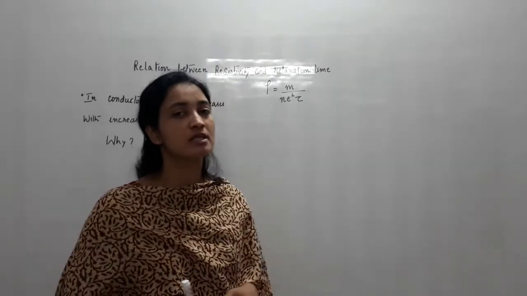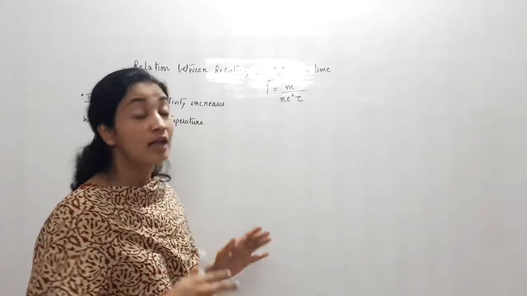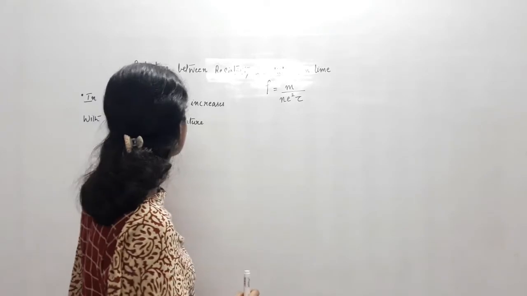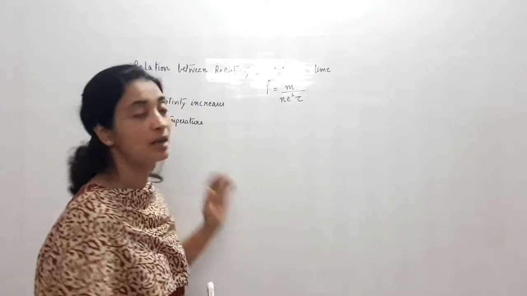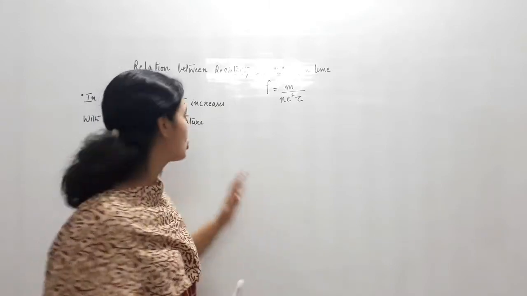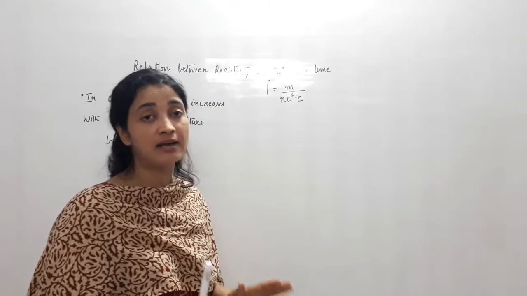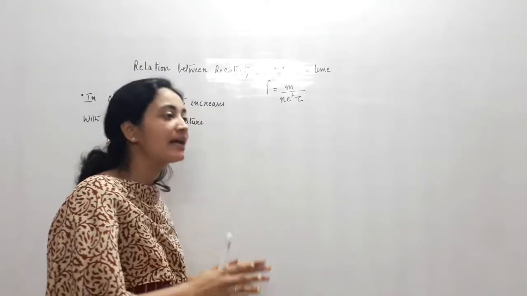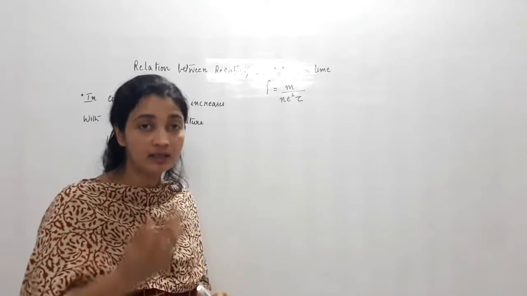Why after all are we trying to study this? Just because it is asked in exams? No. Actually, we are trying to understand the reason behind the behavior of conductors. In conductors, the resistivity increases with increase in temperature. Why? In semiconductors, with increase in temperature, the conductivity increases.